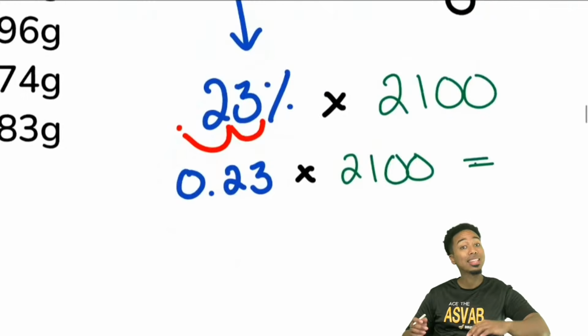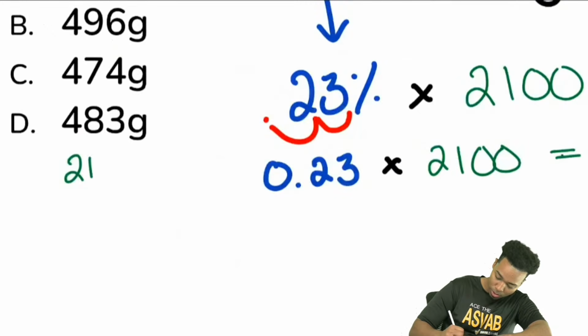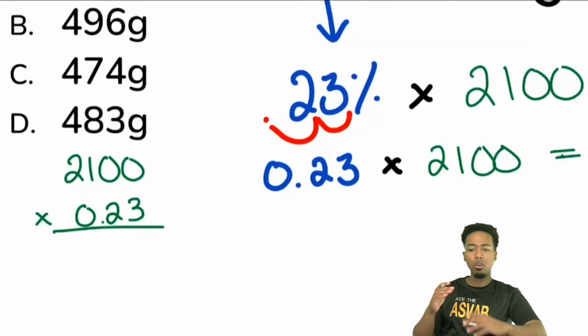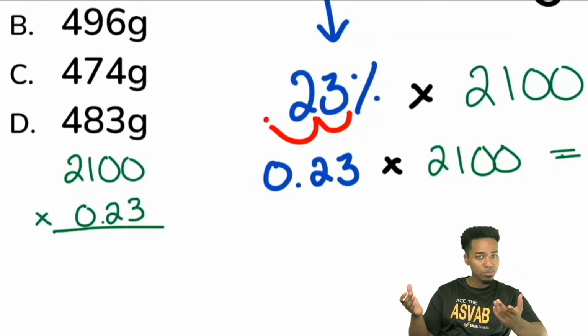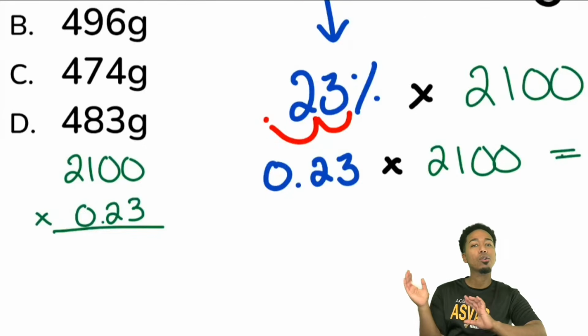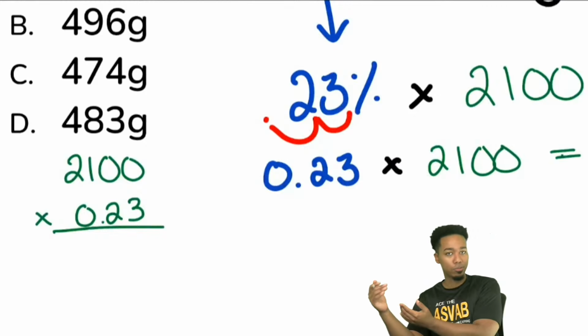So let's go ahead and get that done right over here on the side. 2,100 multiplied by 0.23. And for those of us that are a little removed from dealing with decimals, all we need to do is ignore the decimal and bring back all the decimals at the end. So multiply normally, then bring the decimals back at the end.